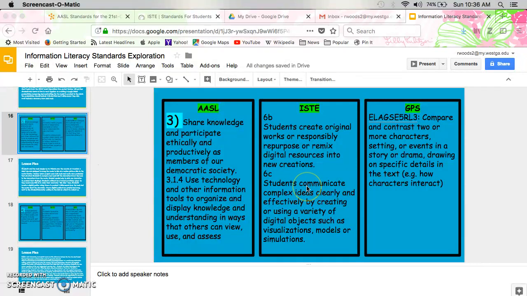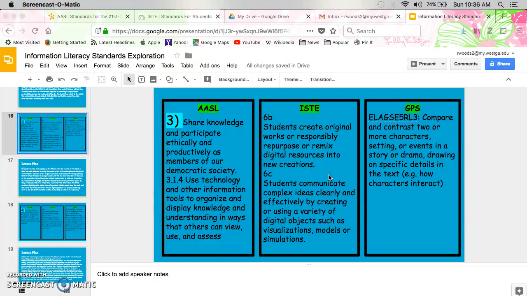The third lesson plan that I had created starts with the AASL standard of sharing knowledge and participating ethically as productive members of society, and using technology and information tools to organize and display information and knowledge. I combine that with the ISTE standard that students will create original works responsibly and repurpose or remix digital resources into new creations.